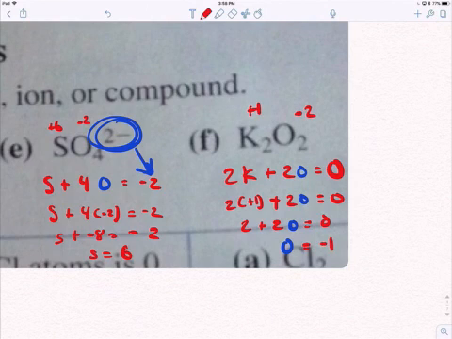You're like, wait a second. Oh, whoops, I didn't put this 2. This is +1 and this is -1. You're like, wait a second, oxygen tends to be -2. Why is oxygen suddenly -1? Oxygen can be -1. And when it is, we call them peroxides. If you've ever heard of hydrogen peroxide, it means that oxygen is in the -1 state.